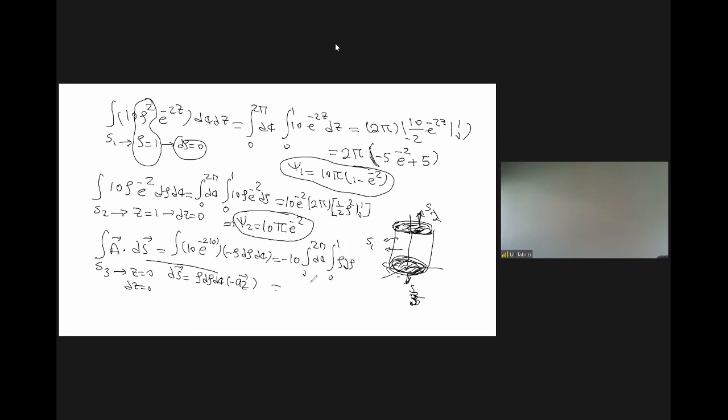This is equal to minus 10 multiplied by 2 pi multiplied by 1/2, because if you substitute upper limit 1, it's 1/2 rho squared. So it's equal to minus 10. Any question? So this is your side 3.